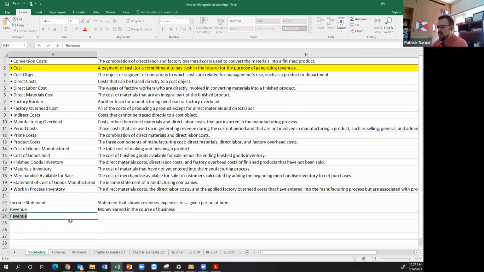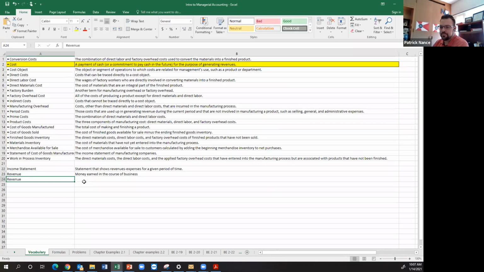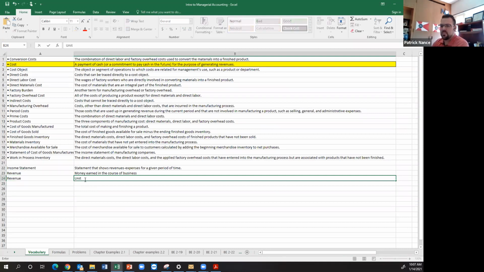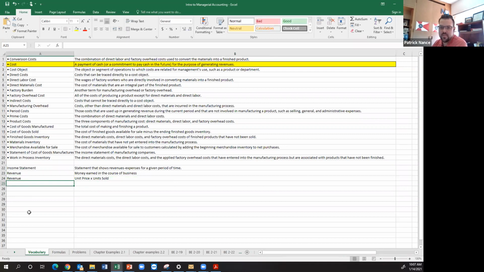For the purposes of this chapter, where you're going to find most of the time we're talking about revenue, we're going to be talking about some sort of unit price for something that we're selling times the number of units sold. That will usually be how we find our revenue, because we're going to be dealing mostly, at least to begin with, with manufacturing companies. So if I manufacture staplers, how I know what my revenues are is how many staplers I sold and how much I charged for each stapler, and I simply multiply the two to find my total revenue.